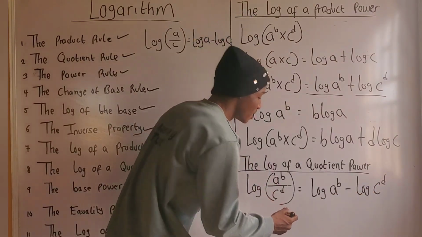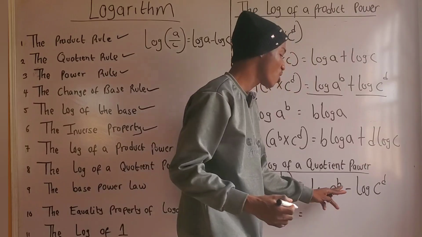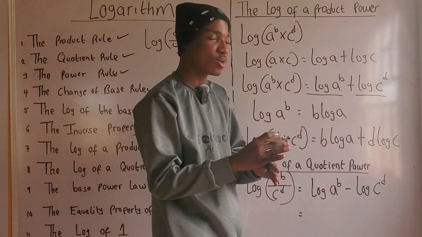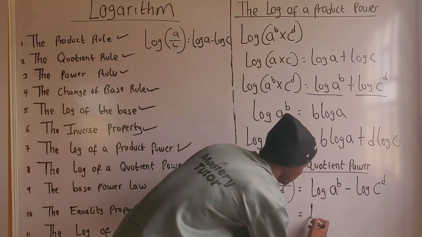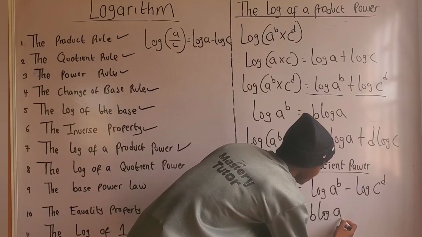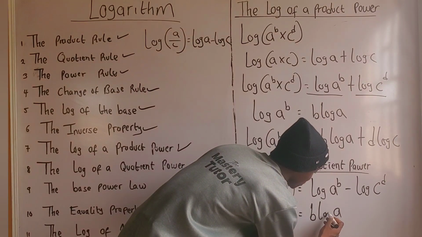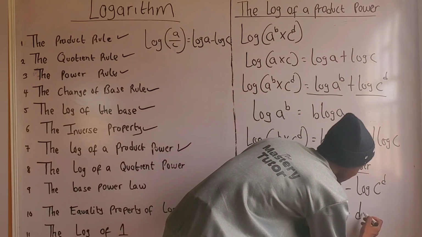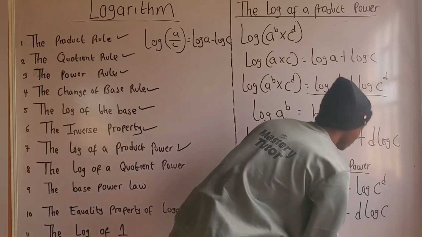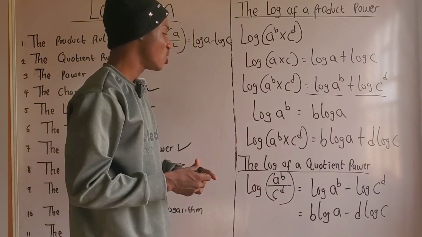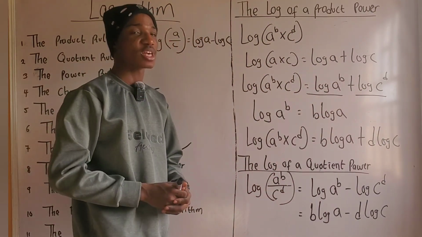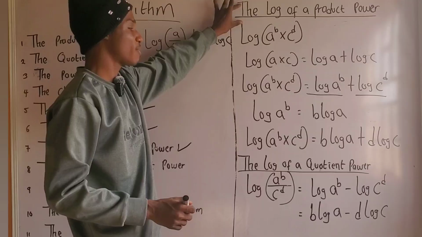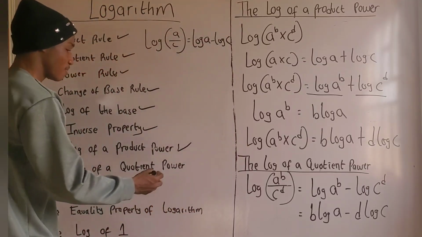So therefore, here, because the log of a power is the product of that power and the log, I'm going to have b log a minus d log c. This law that you see here is called the log of a quotient power, okay? So we've talked about the log of a product power and the log of a quotient power.